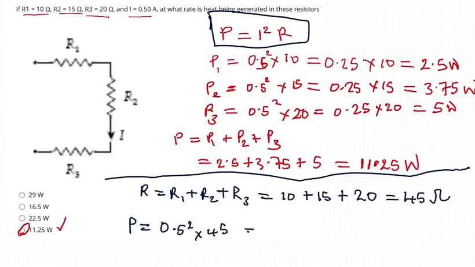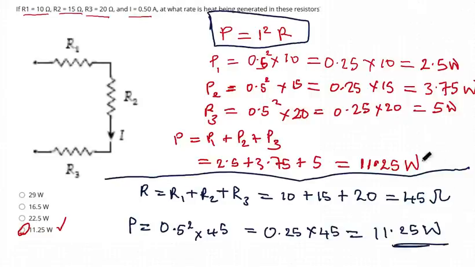So 0.5 squared is 0.25, multiplied by 45, and this will give us 11.25 watts, and it's the same thing as the first solution we got. And at this point we can infer that 11.25 watts is the right answer.